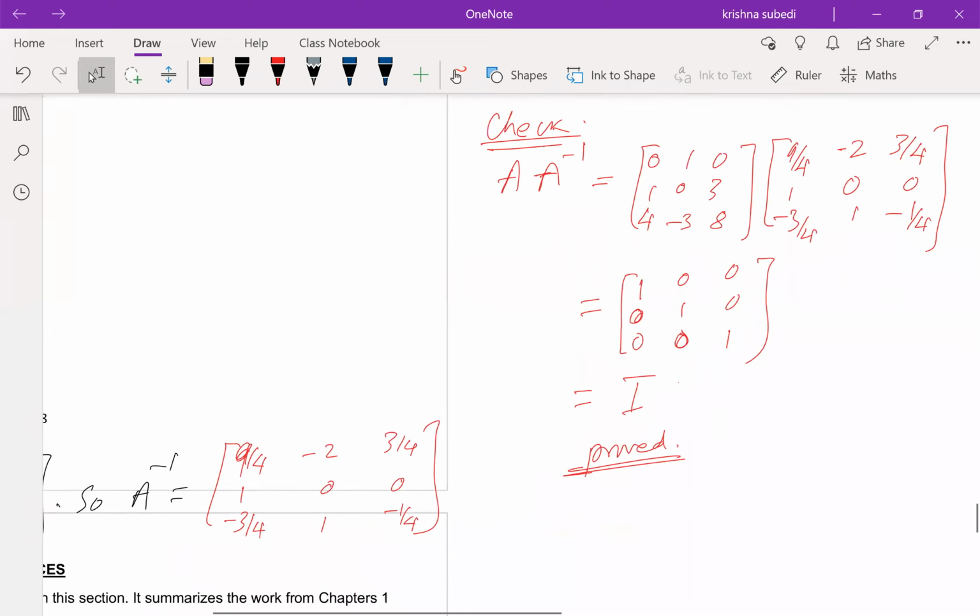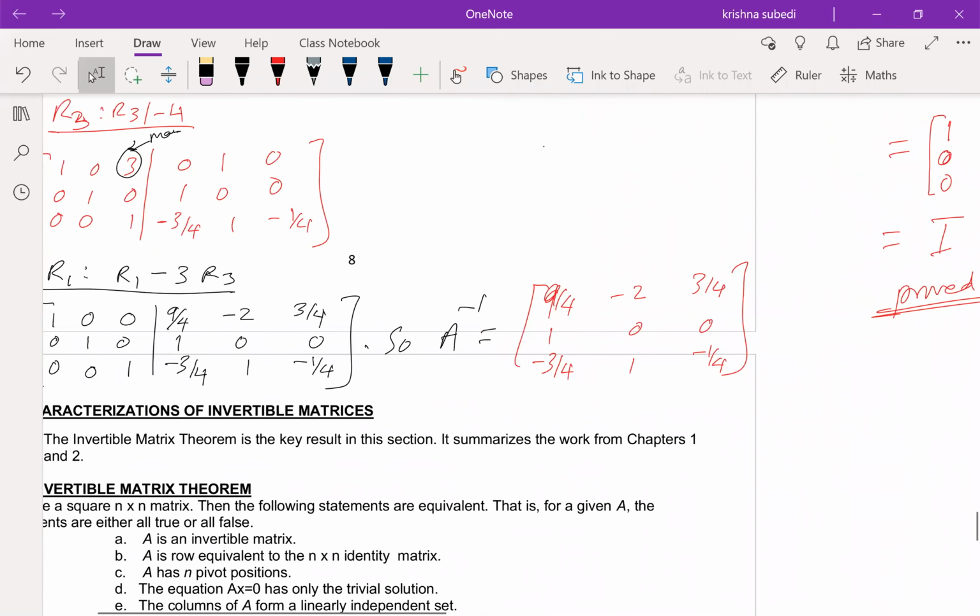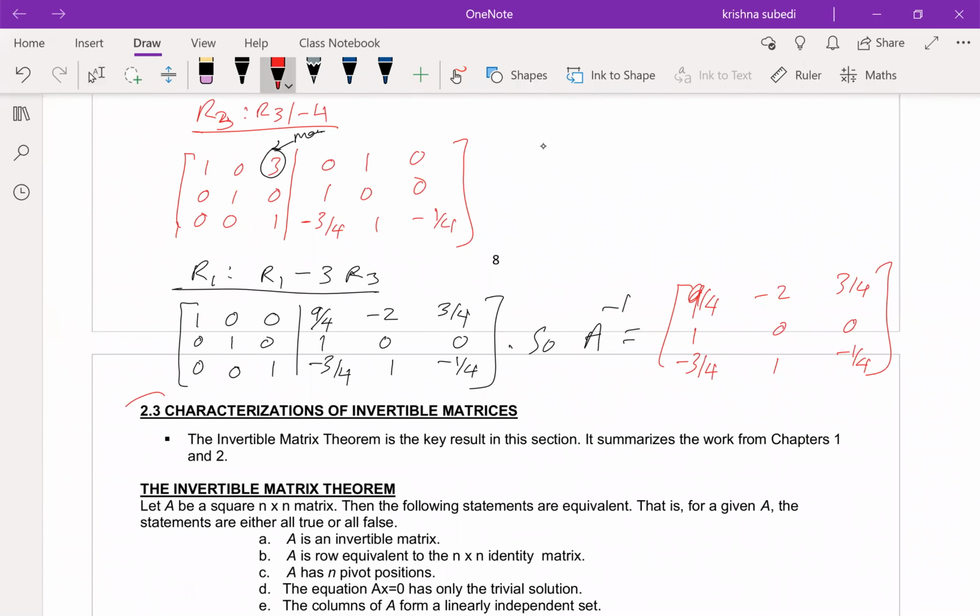So for that reason, I'm going to section 2.3 now, which is called characterization of invertible matrices. Invertible matrix means, as we already know, a matrix whose inverse exists. We call it an invertible matrix.